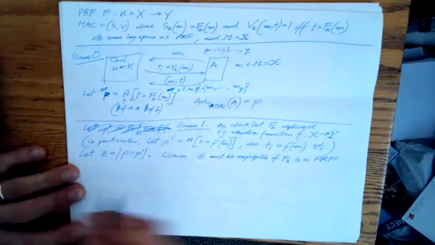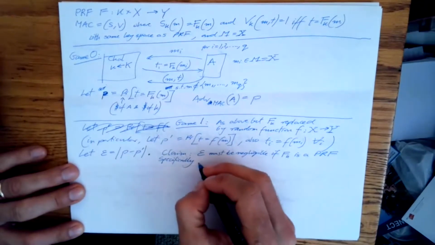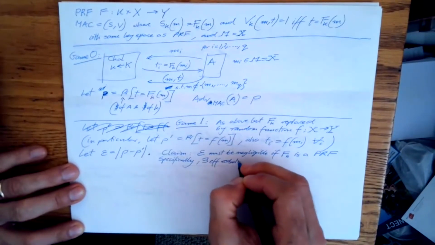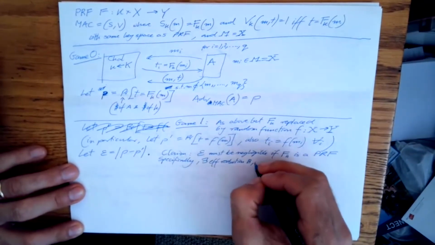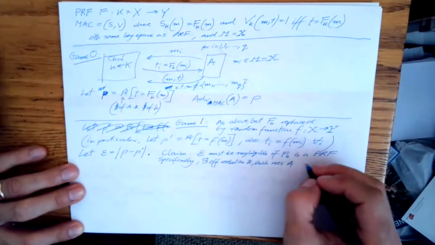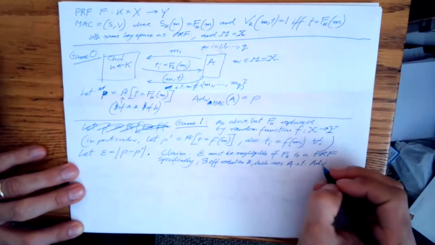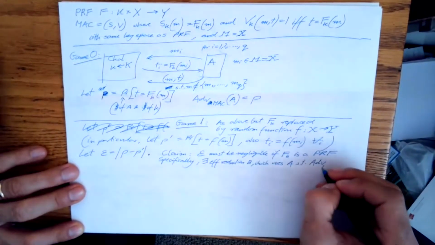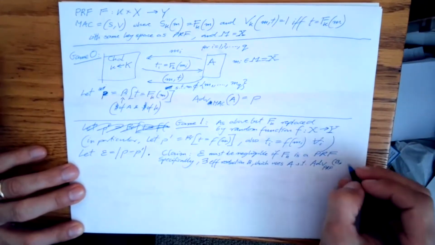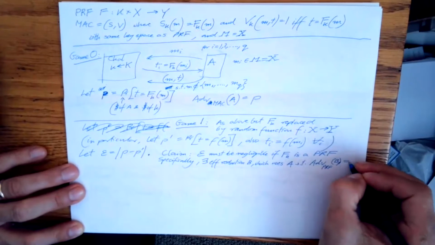Specifically, there exists an efficient reduction B, which uses this attack algorithm A, and the advantage against the PRF of the reduction B is exactly epsilon.